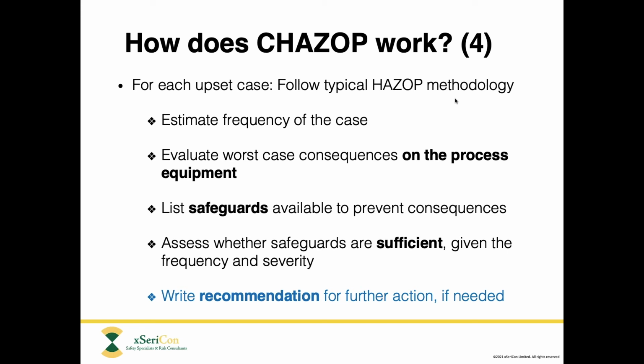Then we will evaluate the safeguards, and I'm going to talk about the potential safeguards in a moment. Next, we need to assess whether those safeguards are sufficient, and that may be based on another risk ranking, where we calculate the likelihood after safeguards are applied, and then also address the potential worst case severity of that case.